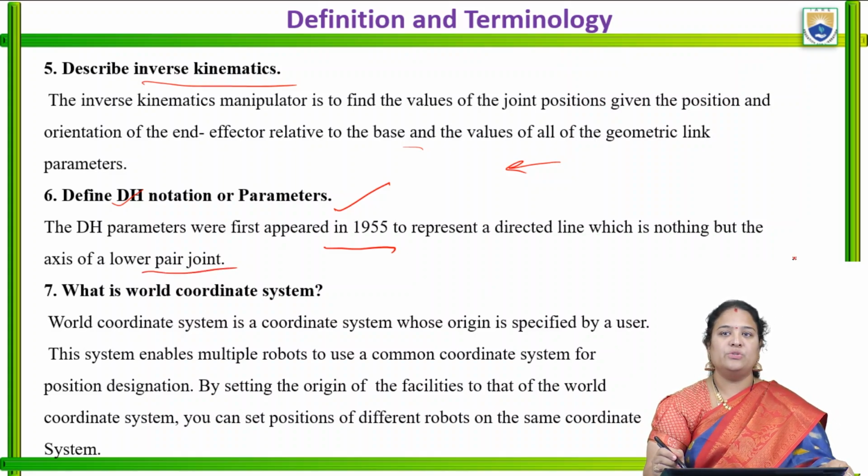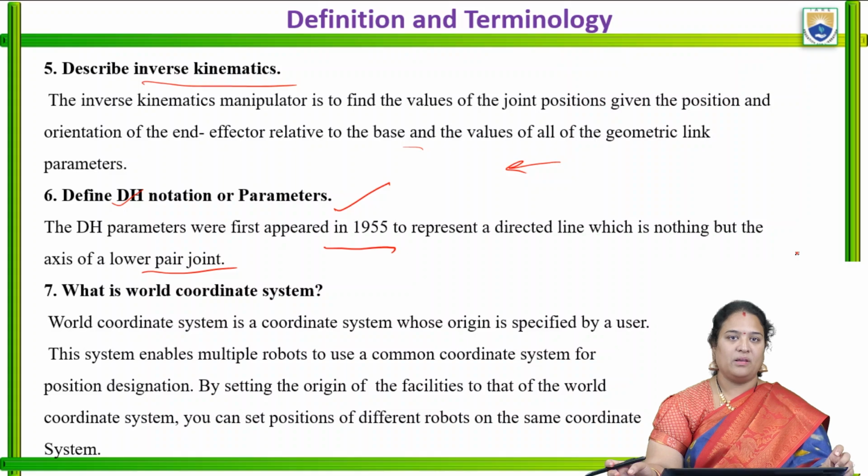Since it was introduced by the scientists Denavit and Hartenberg, it is named under their names, and is known as the DH notation or the DH parameters. Right?